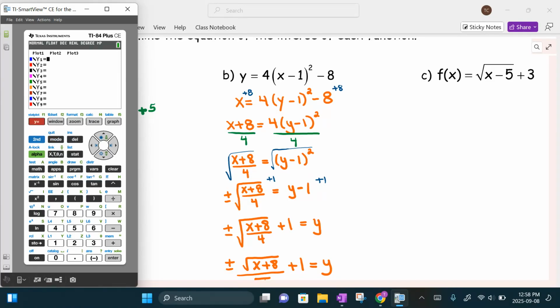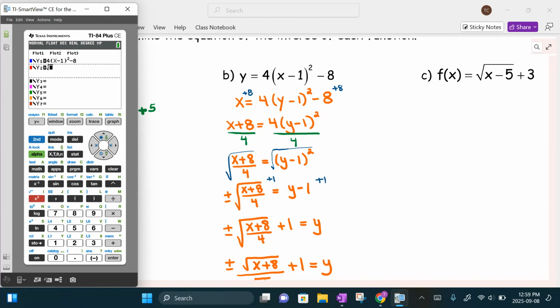So y equals 4(x minus 1) squared minus 8. Now, if you forgot that plus or minus, then you would say the inverse would have been, whoopsie, go to the next line, Calvert, there you go.